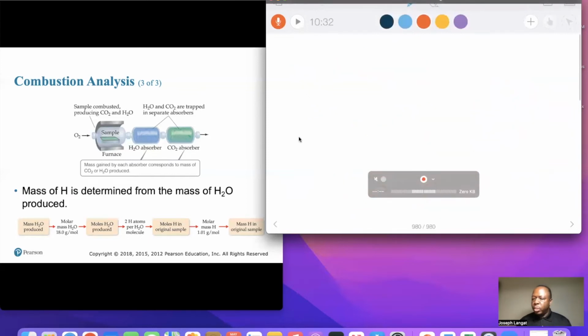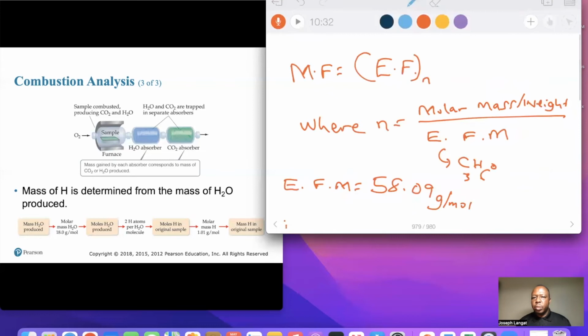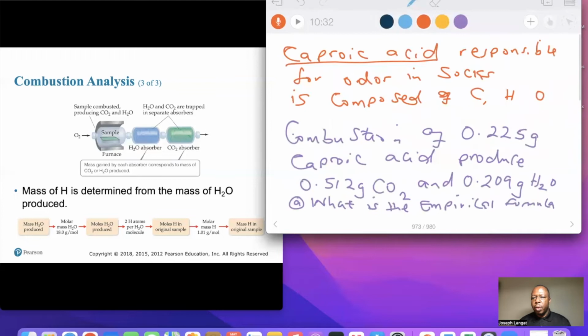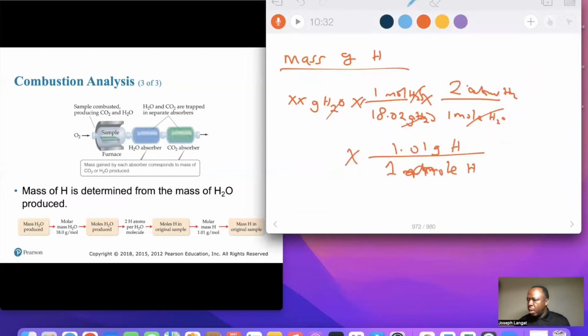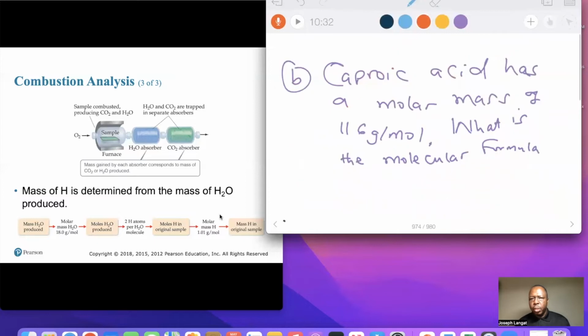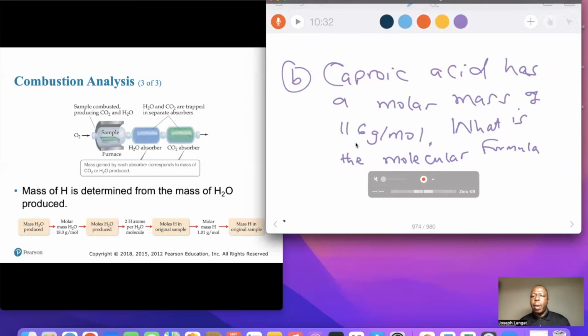If I go back to the original question, you see that you are given the molar mass of the compound as 116 grams per mole. This is the molecular weight of that.